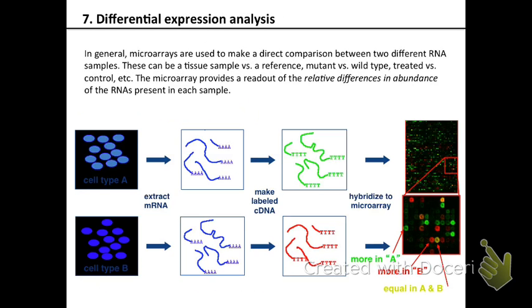So typically, when we use microarrays, we use this for differential expression analysis. What differential expression analysis means is you compare the expression of genes in one sample compared to another sample. Okay? That's differential gene expression analysis. So these comparisons could be whatever you want based on your research experiment, right?